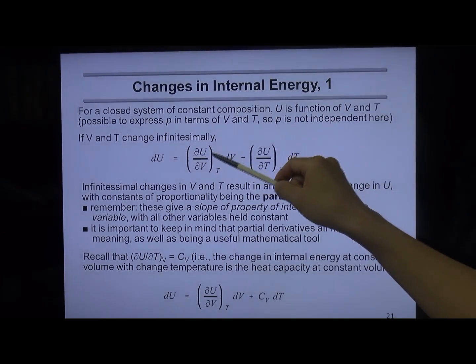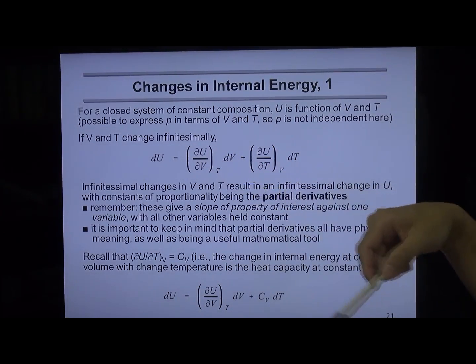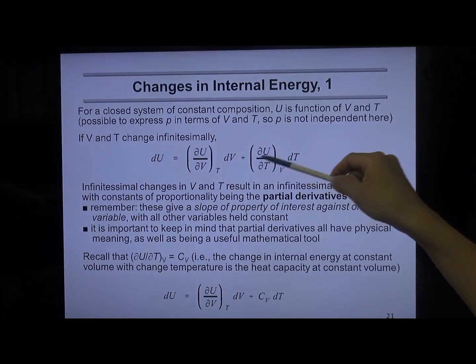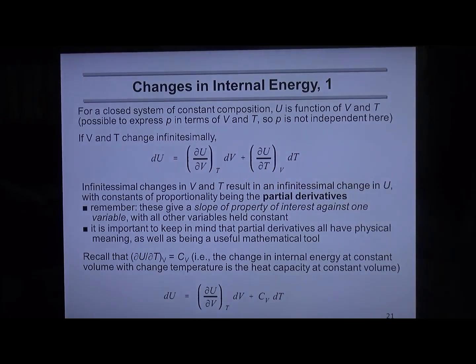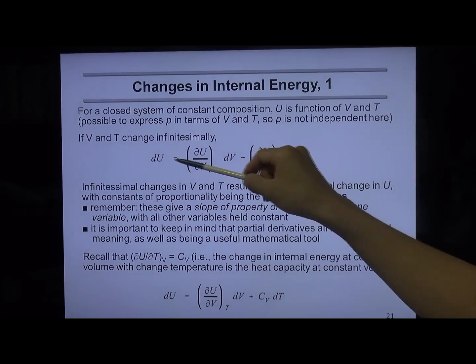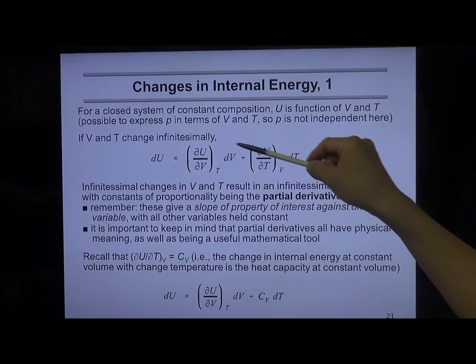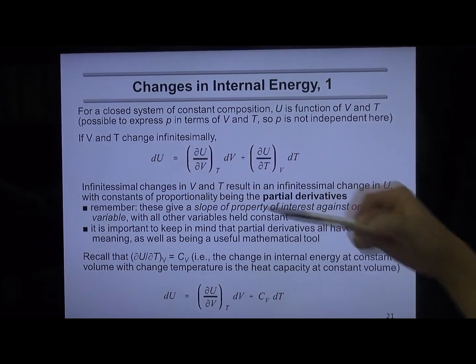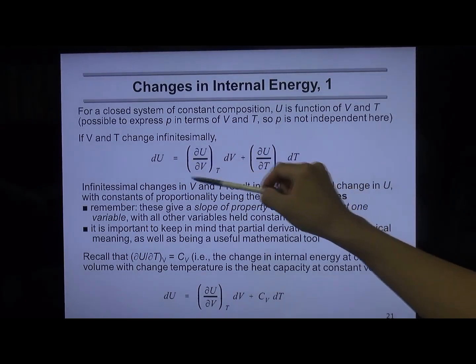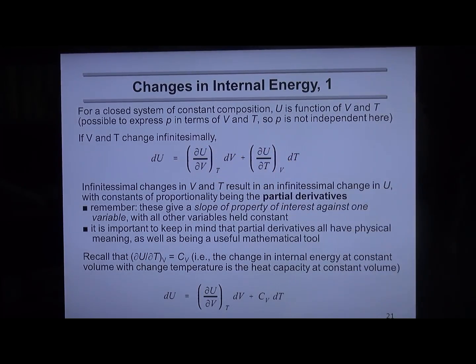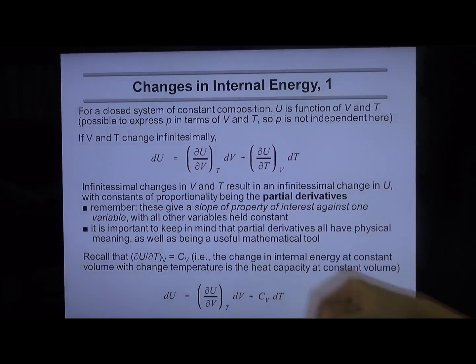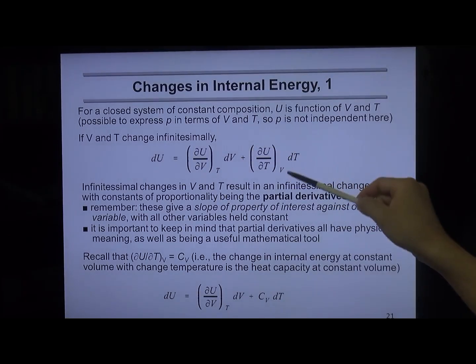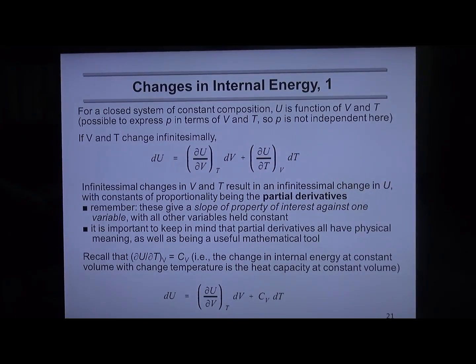Partial derivative of internal energy with respect to volume, partial derivative of internal energy with respect to temperature, when the other variables are fixed. So as volume changes, dU changes also. How much? This much. Round U, round V at constant temperature. As temperature changes, internal energy changes. How much? This much. Round U, round T at constant volume.